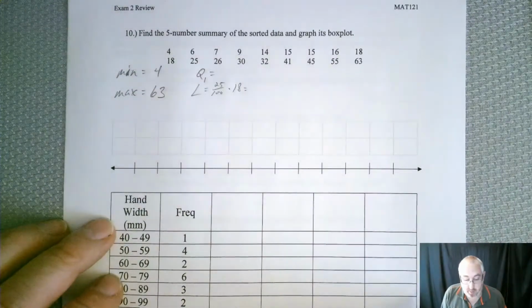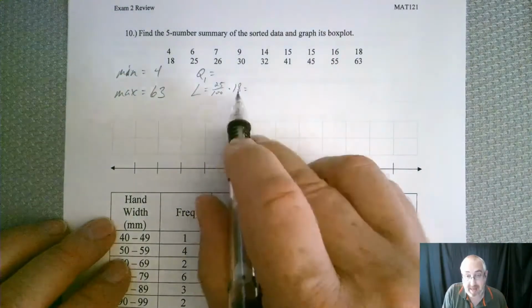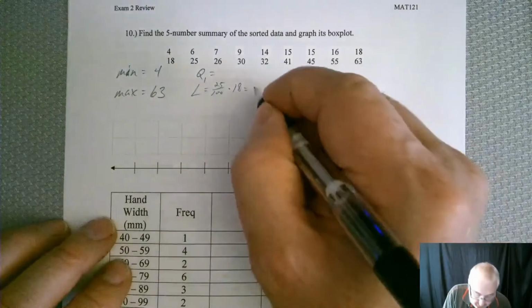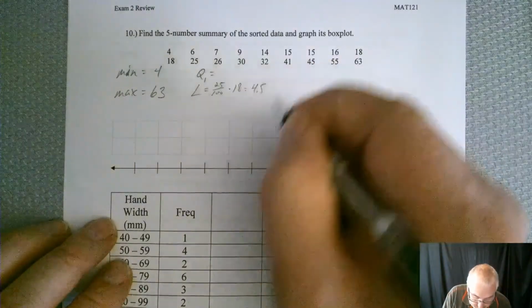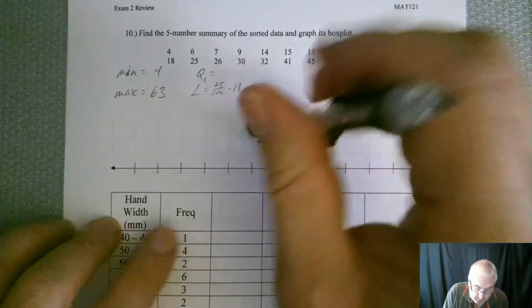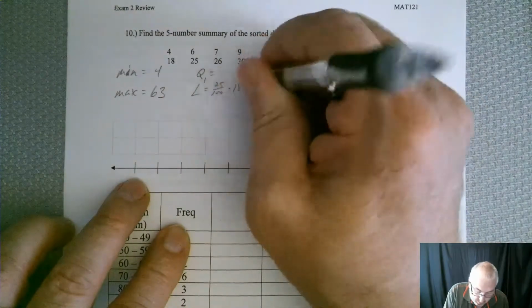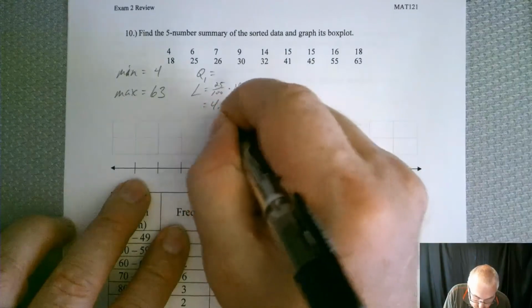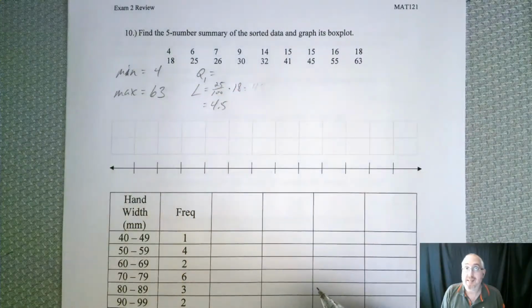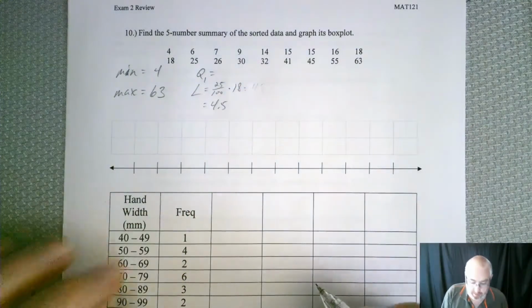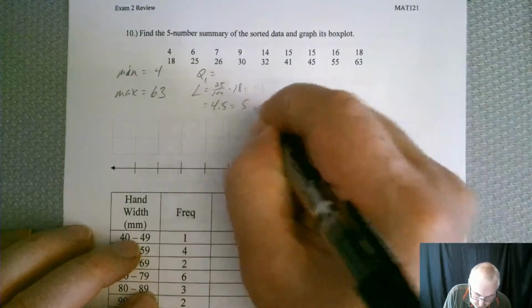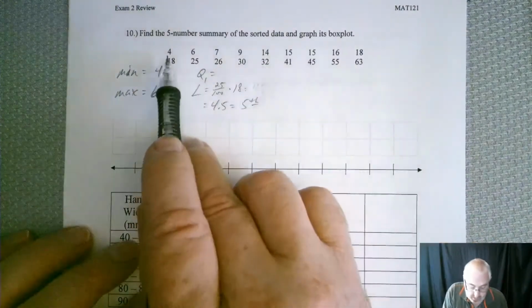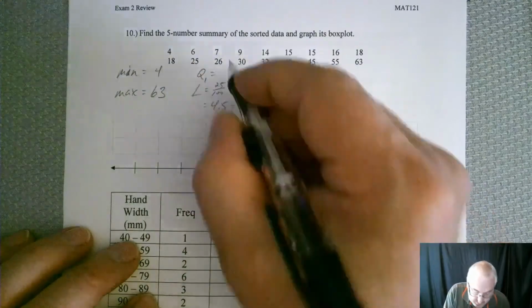So if we take 25% of 18, that would be 4.5. And now, because L is a decimal, we know that we should round it up. So it's going to be the 5th value in the list, so 1, 2, 3, 4, 5, so that's a 14.